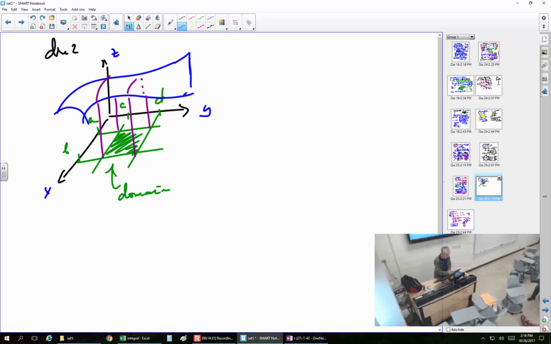So a smaller surface, okay, like this. Then this becomes our target. So we want to find this volume.